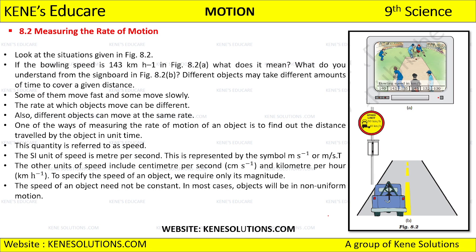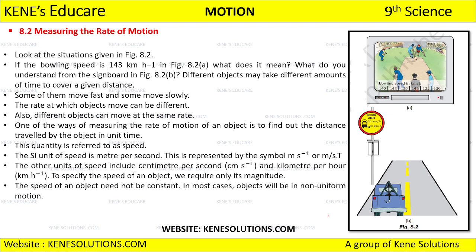Then the other situation is the speed limit, which has been shown as 50 kilometer per hour for a car, and for heavy vehicles it's 40 kilometer per hour, right? So if the bowling speed is 143 kilometer per hour in figure 8.2a, what does it mean? And what do you understand from the signboard in figure 8.2b?